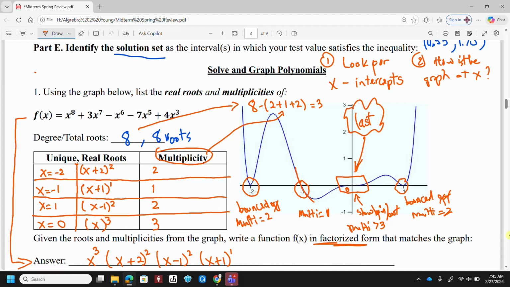One is what we call the standard form, and this is the factored form. They don't look the same, but they are the same. If you graph the standard form and the factored form, it's going to be exactly the same graph. So try that.